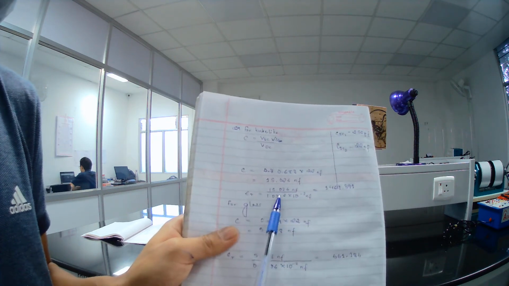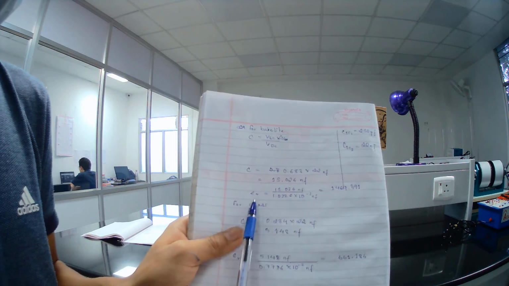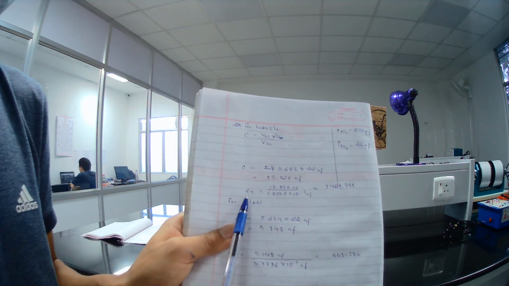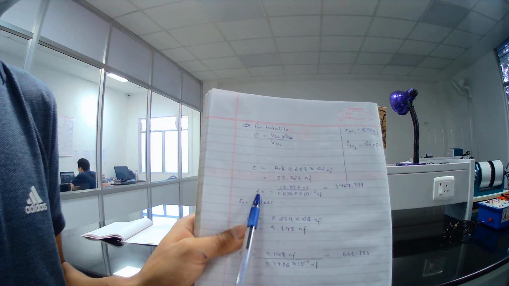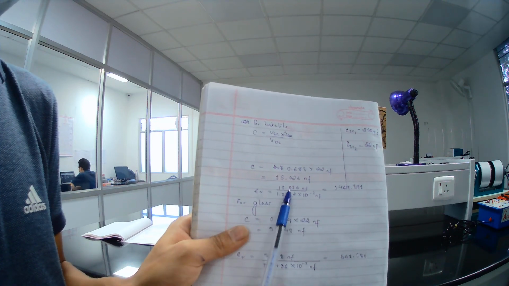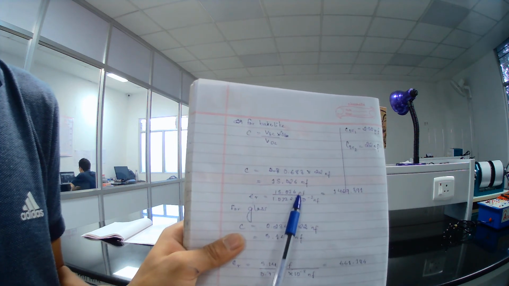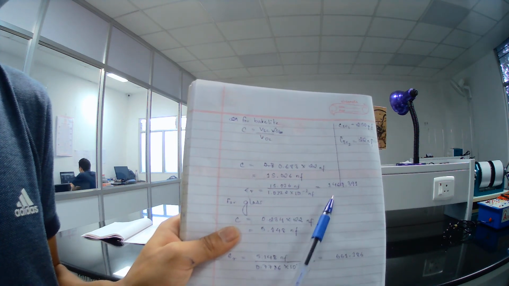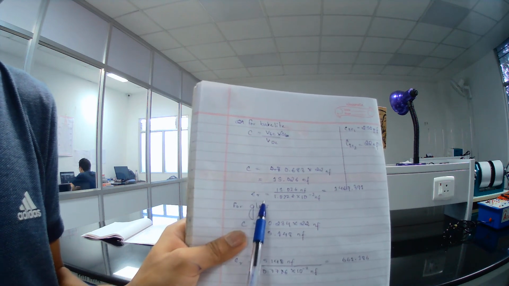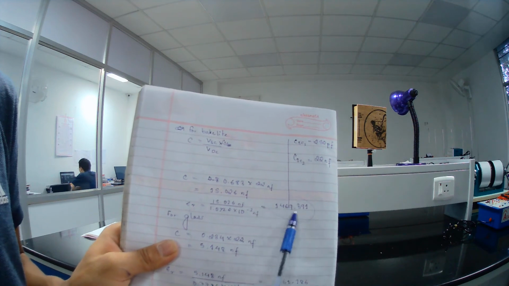ER, the dielectric constant, is this C divided by C naught, 15.026 nanofarad divided by this. Both units are nanofarad, the same unit, and ER is a ratio of permittivity, so there will be no unit, just a number.